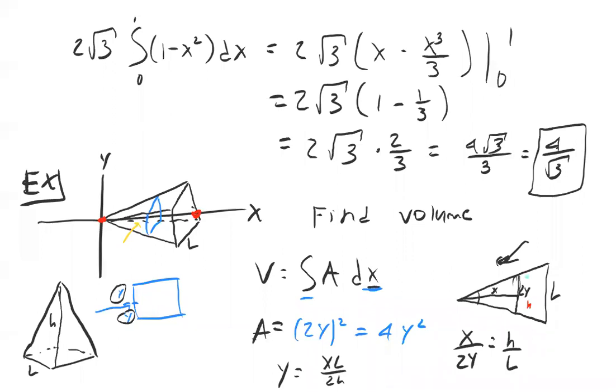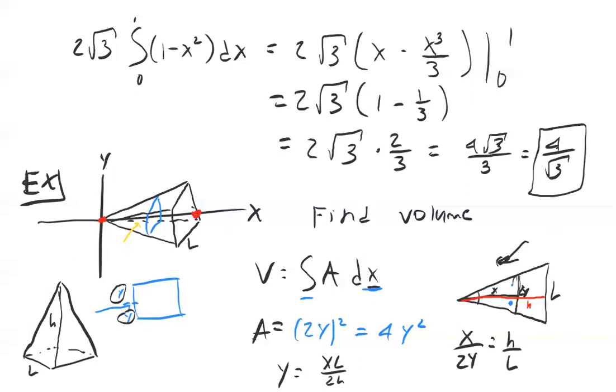So I have a height y up top, here, and a height of y there. So that gives me 2y.